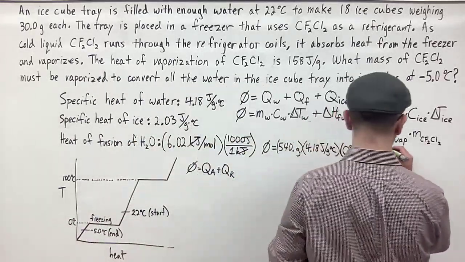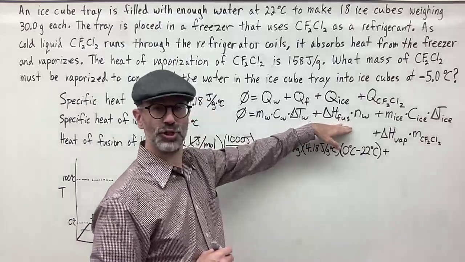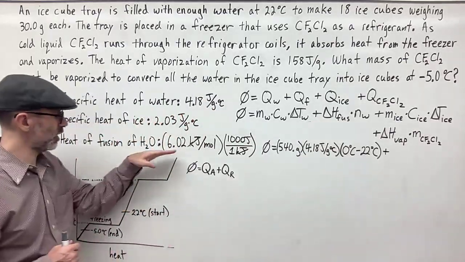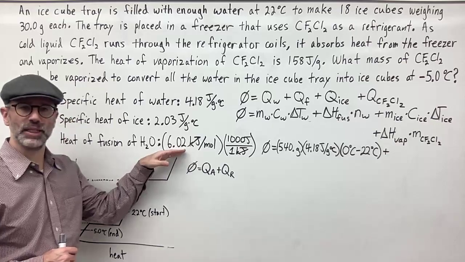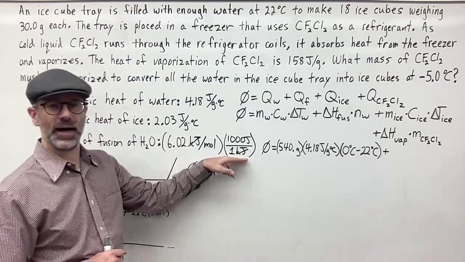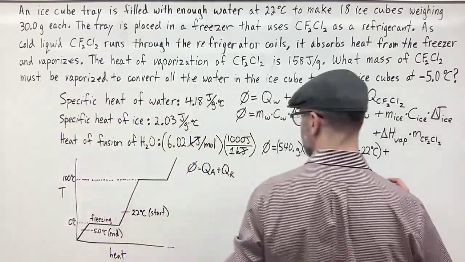So we're going to add the heat of fusion for water, which is what we're given here, 6.02 kilojoules per mole. But we're going to need to multiply that by 1,000 to get to joules. So let's go ahead and put that.